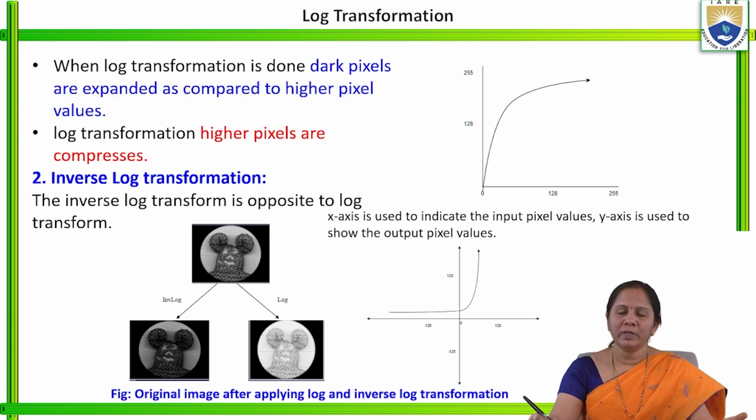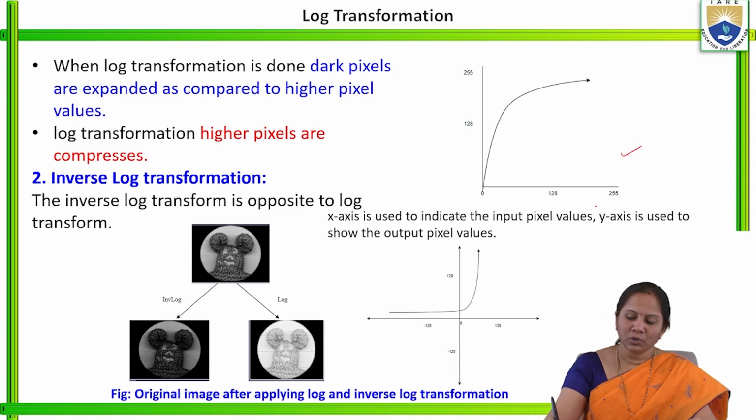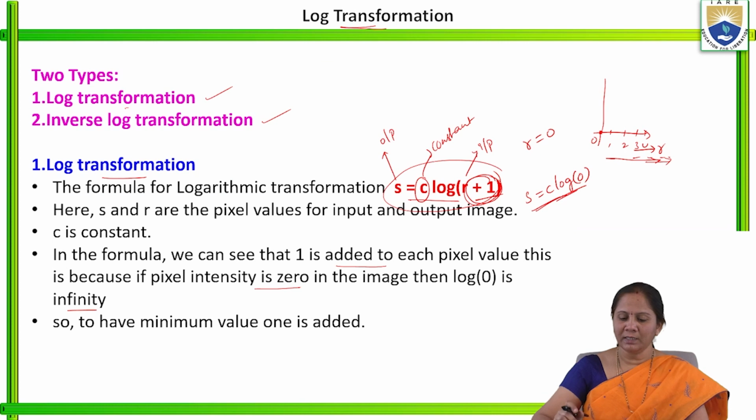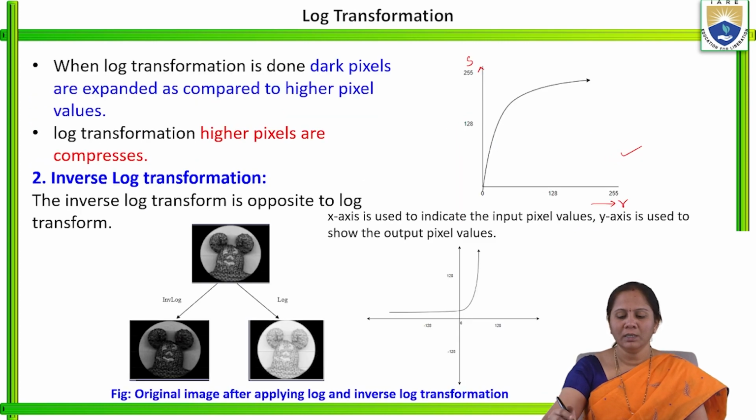If you go for different values of R with C as a constant, we can get this graphical representation. On the x-axis we have R, and on the y-axis we have S, where S is equal to C log of R plus 1.